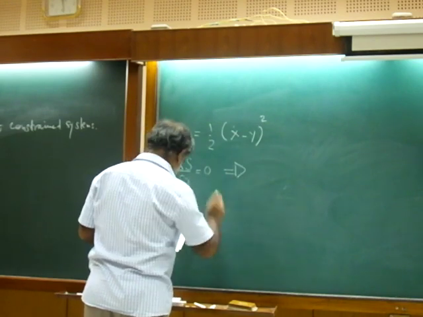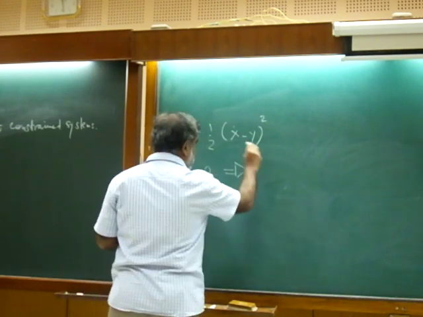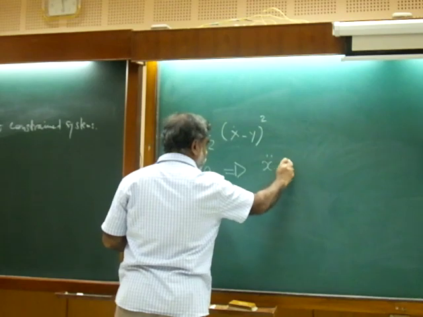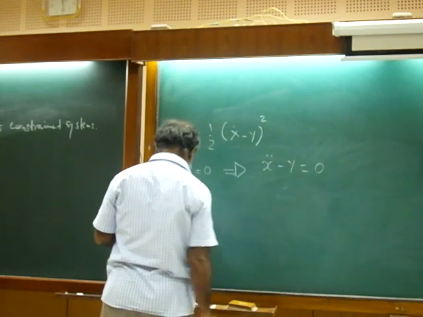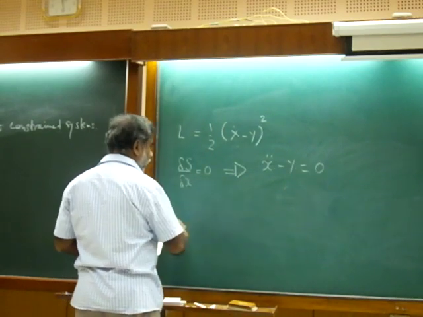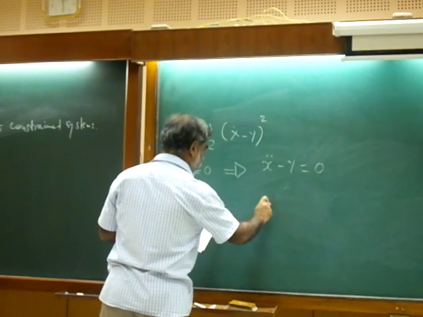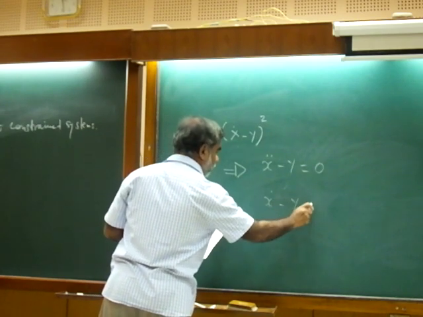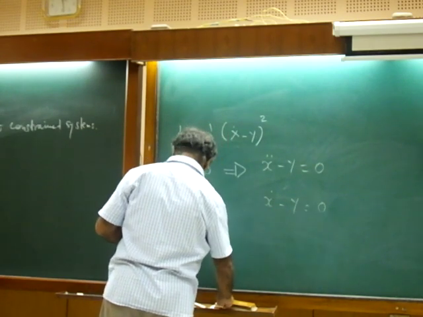So what is this? This equation gives me x double dot minus, please check, is equal to 0, and for y, you will get this.